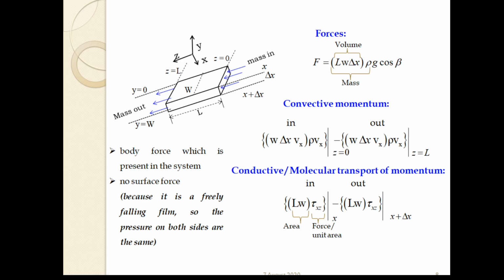So by double integrating we found Fz equals rho g delta cos beta Lw. Look at that expression: there is no viscosity term.